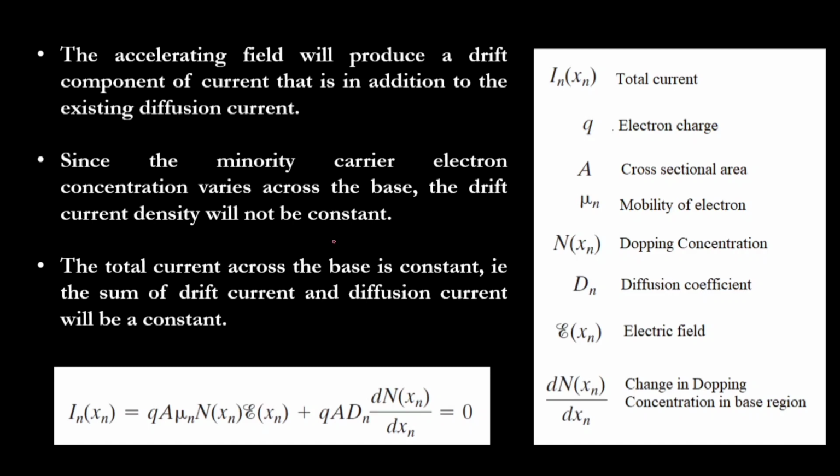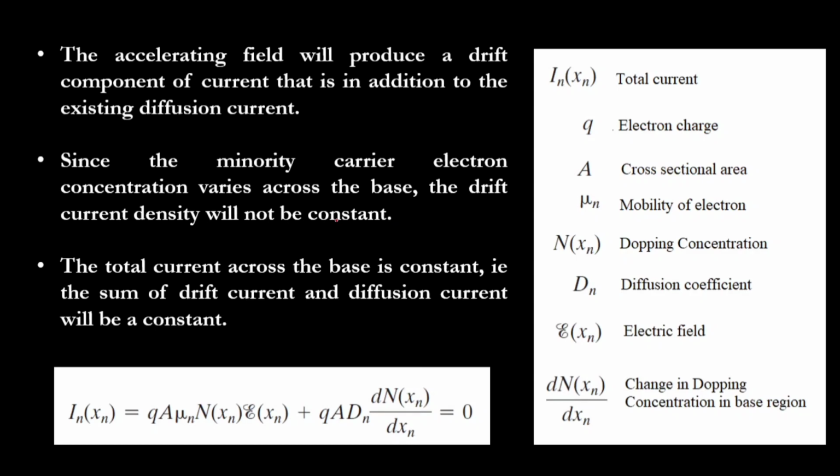What is the minority charge carrier as far as the base is concerned? Holes. The hole concentration we have learned before is not uniform. If you remember the previous class, when I took the Ebers-Moll equation, we explained the minority charge carrier concentration, or hole concentration, inside the base region.